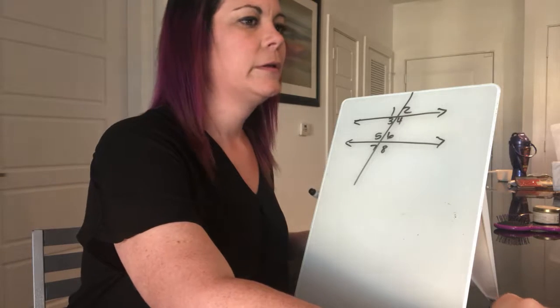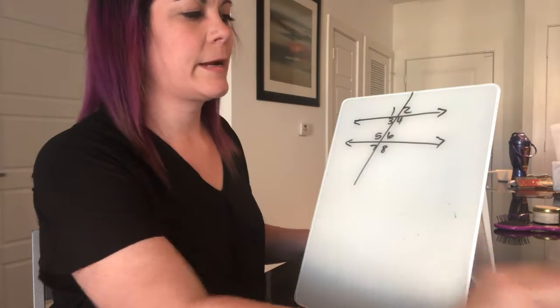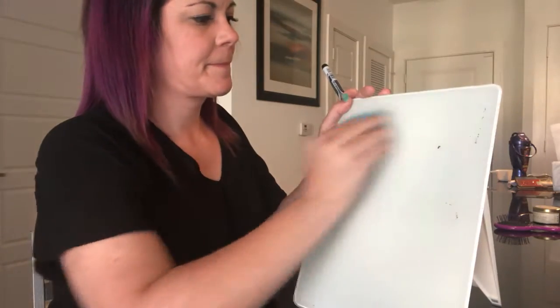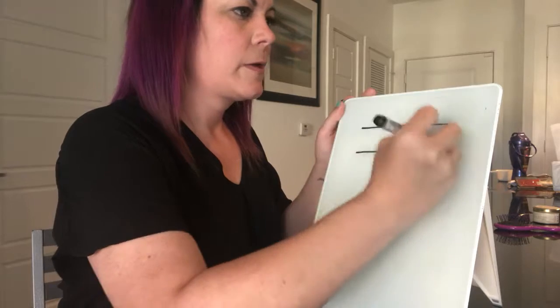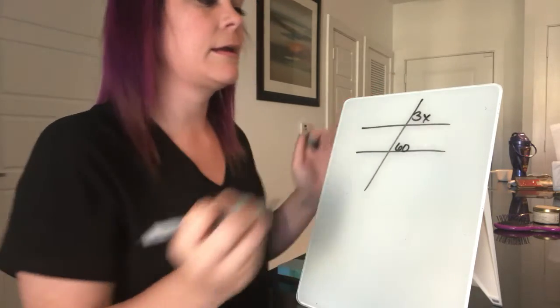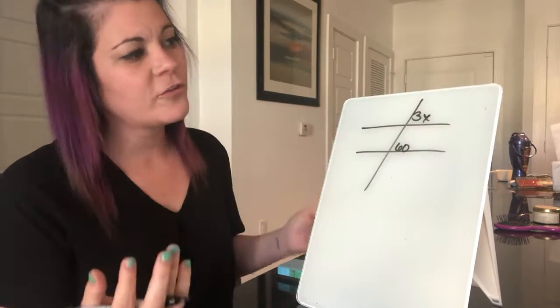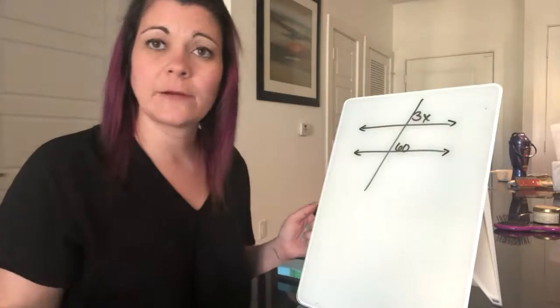Okay, so let's just do some problems here. A little review again. If I say 3x and that this is 60, what is x? Well, first of all, I have to determine what type of angles these are. And this is, again, a review.